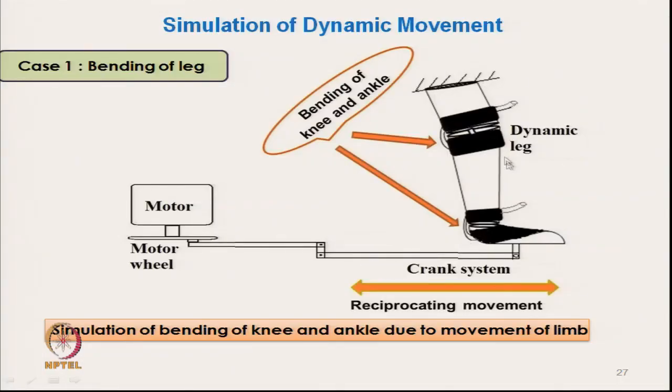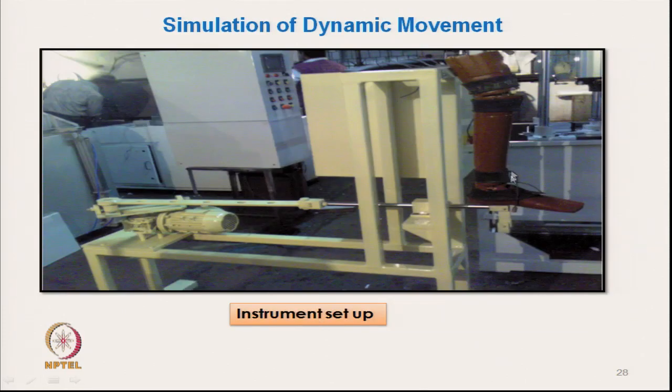This is the leg mannequin, attached with a motor, and the bending level and the rate of stroke can be changed, and this is the picture of the instrument setup.